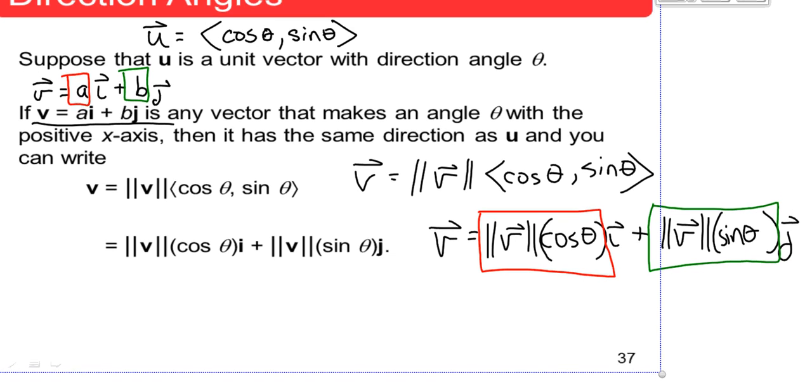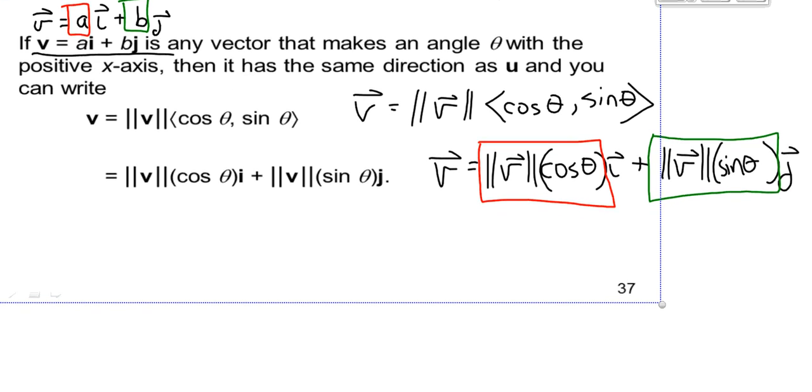Now, when we think about this angle, and in the last picture we had that coordinate axis and the angle, we want to be able to find that angle, and here's the information we know. We know this a and b, which are the magnitude of v times cosine theta and the magnitude of v times sine theta.